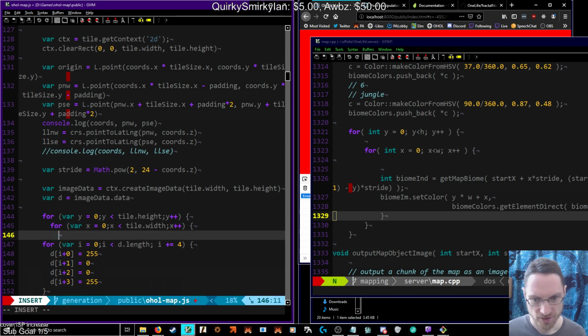And then for this, we have to calculate, actually, well, that's setting an entire color.